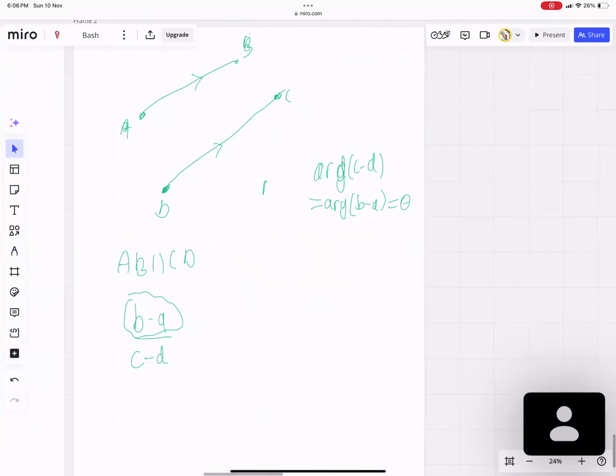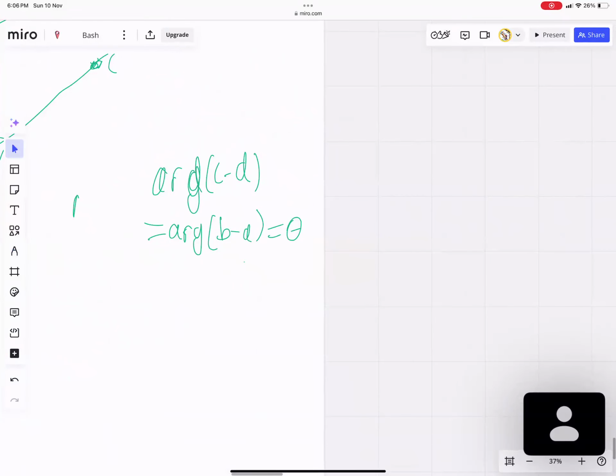So if these two have the same argument, we denote the magnitude of C minus D with these brackets as r1, and the magnitude of B minus A as r2.